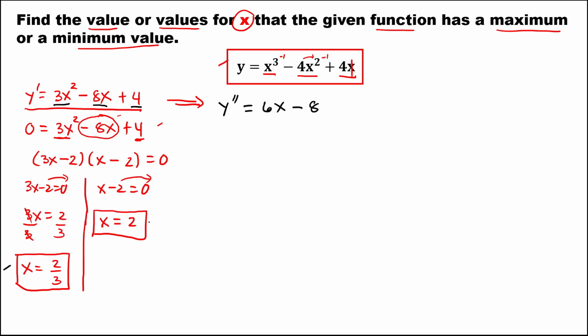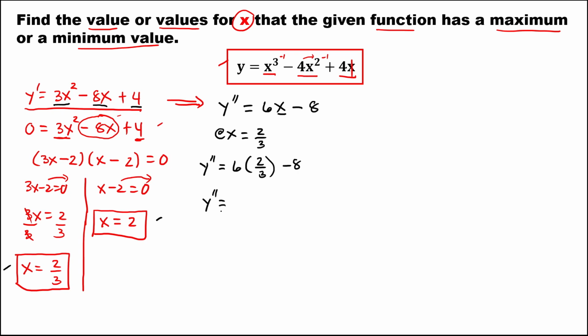Then from these values for x, at x equals positive 2 over 3, substitute to the second derivative, so that's 6 times x, which is 2 over 3, then minus 8.